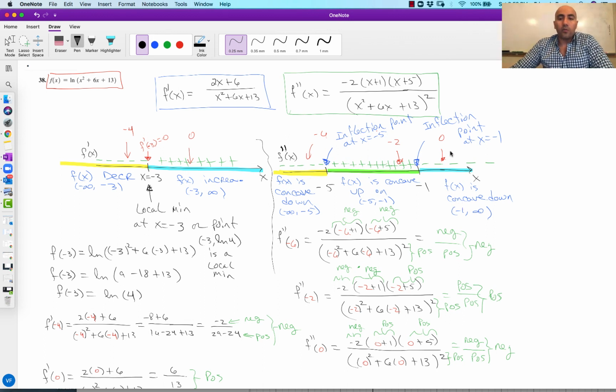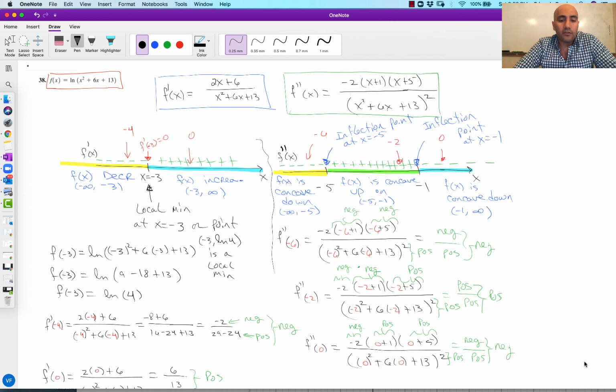Okay, we also know that when there is a sign change in the second derivative, we have inflection points, as long as that value is in the domain of our function, which we know it is. So we have 2 inflection points as well. Okay, we've answered everything we can possibly answer about this function.